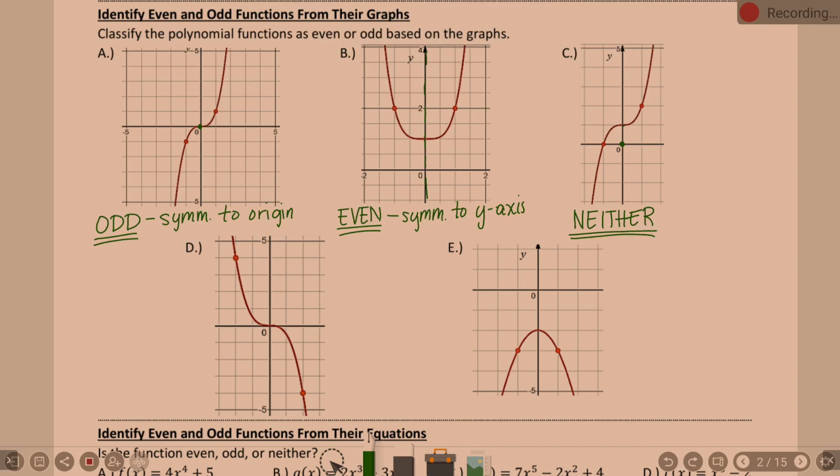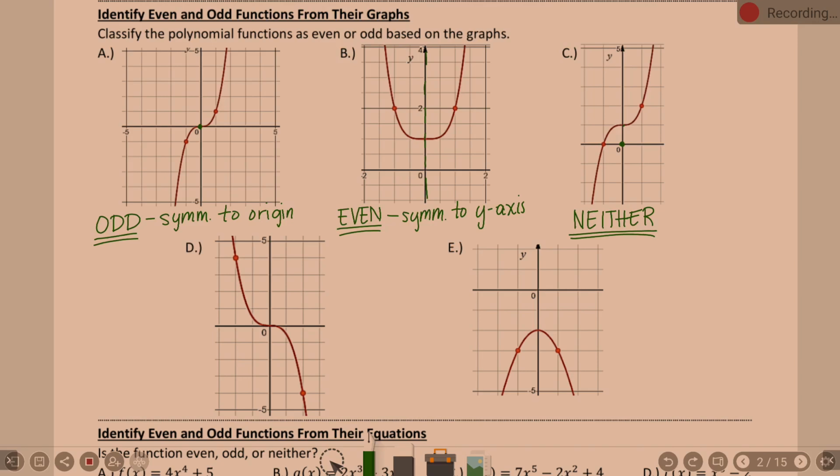Okay. What about D? What would you guys say about D? Odd? If I spin that 180 degrees, is it going to look the same? Take your paper and rotate it upside down. Does it look the same? It does. Okay.